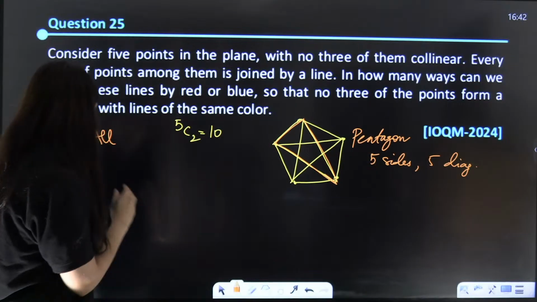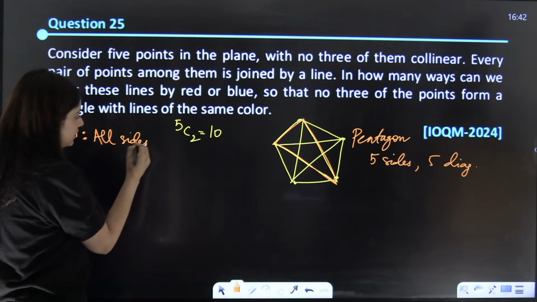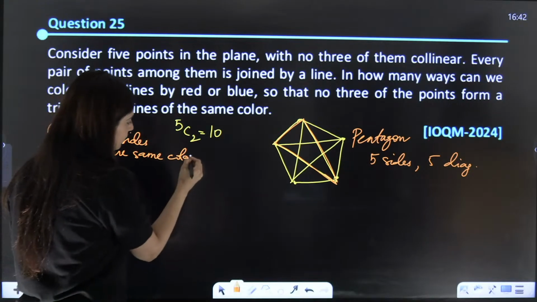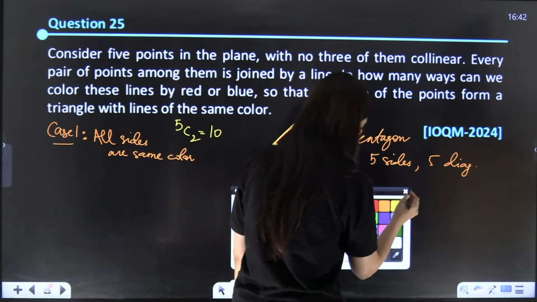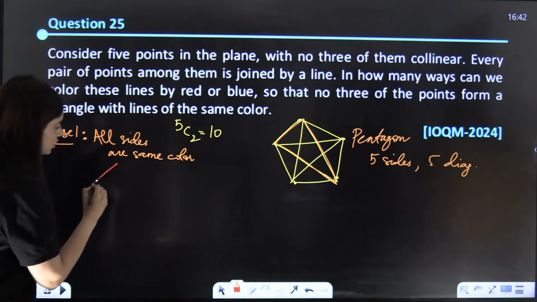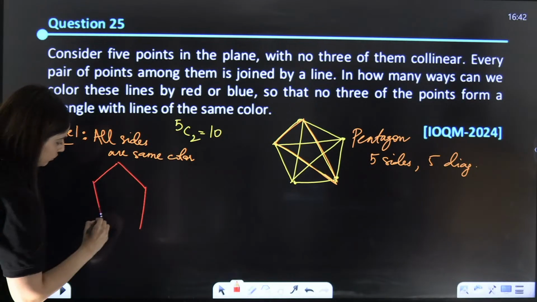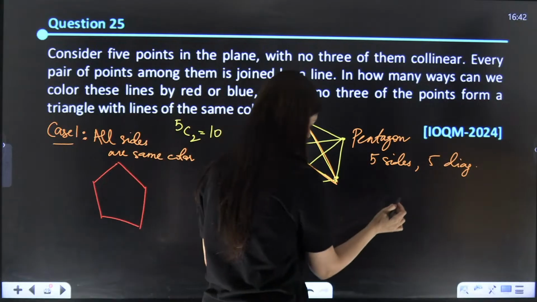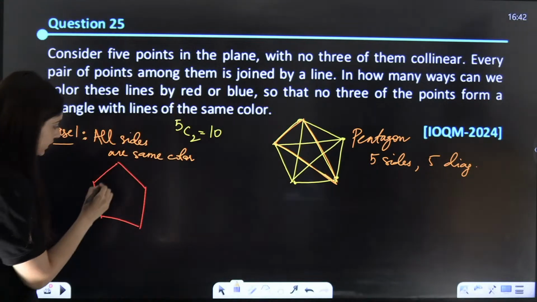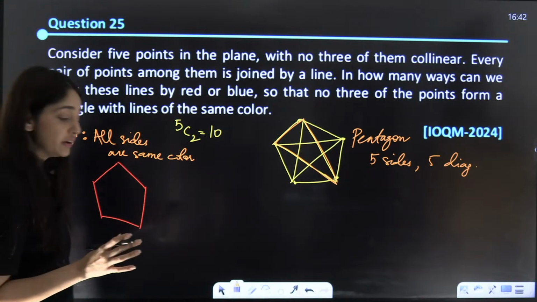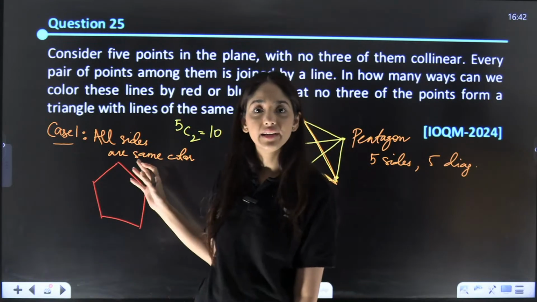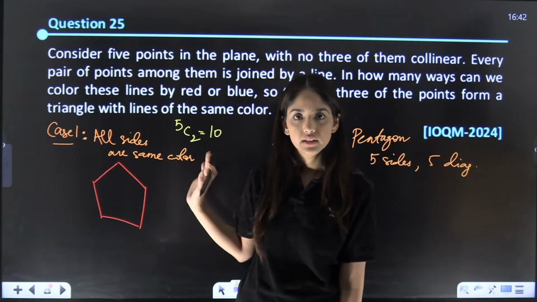So let's say all sides are the same color, either red or blue. Okay, so 1, 2, 3, 4, 5. Now we are trying to form all the triangles such that no triangle has all the same color as its sides.